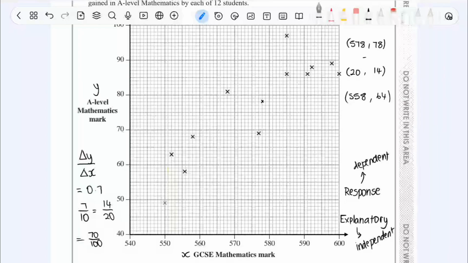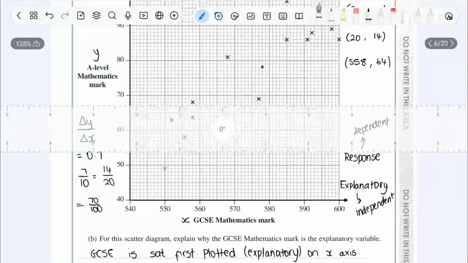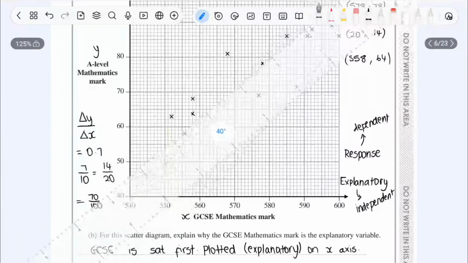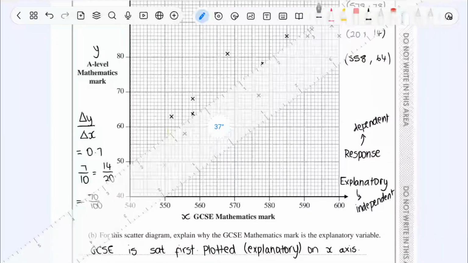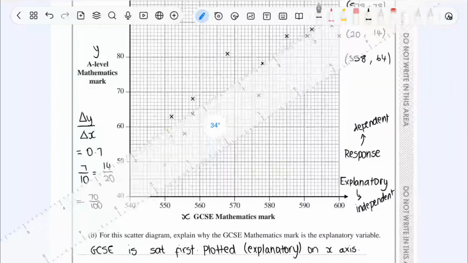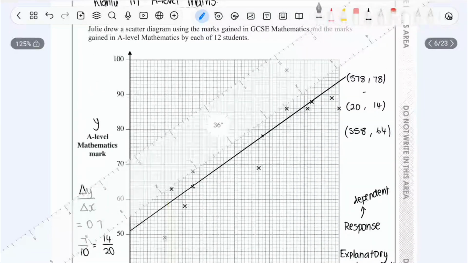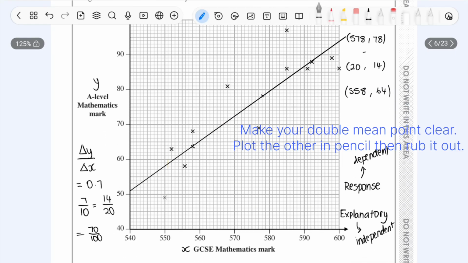And now when we join this up, if we actually find this point, 558, 64, now if we join these two together, and this is what we get.